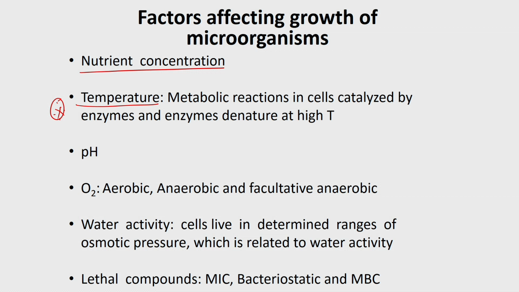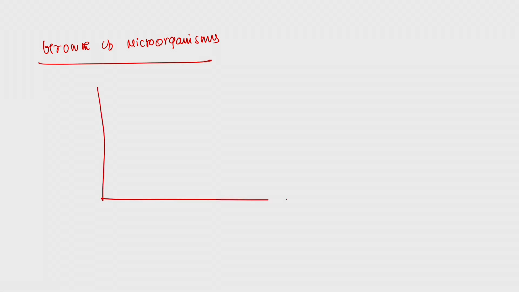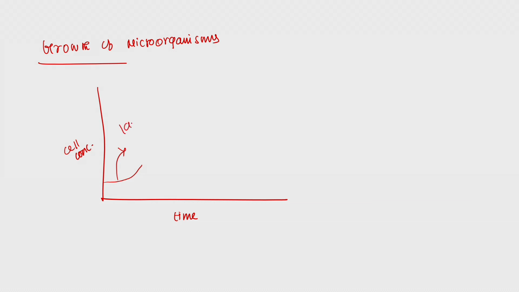So if we go a little bit into the growth of microorganisms, the normal growth curve is something like this, right. We call this the cell concentration over time. There is something called the lag phase, where the cells acclimatize to the environmental condition, and then there is an exponential growth, right.